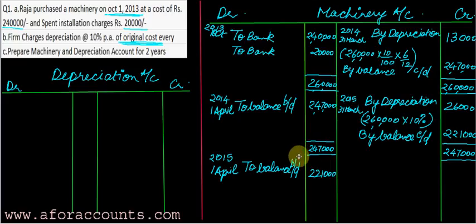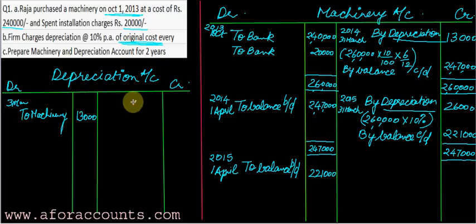So entry is simple, depreciation account debit to machinery. In first, wherever I have depreciation here, that needs to be posted. So on 31st March, my entry is depreciation account debit to machinery, and it is 13,000.